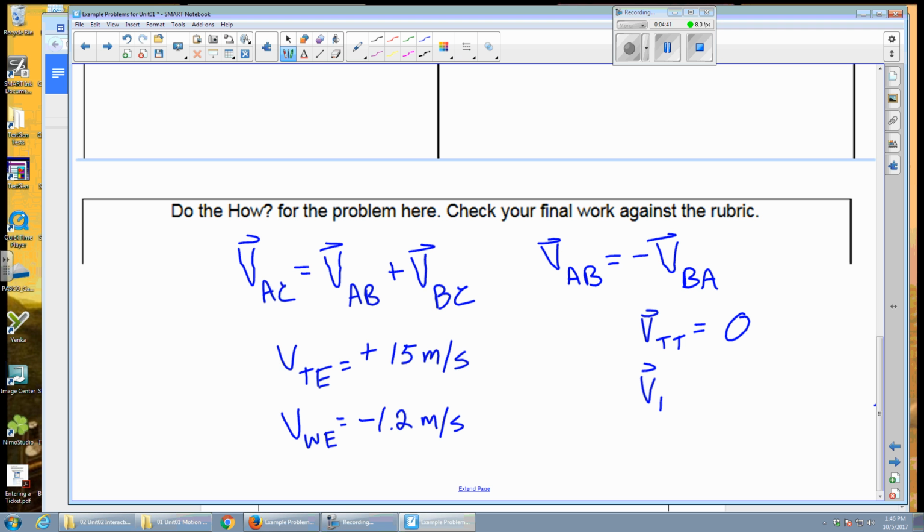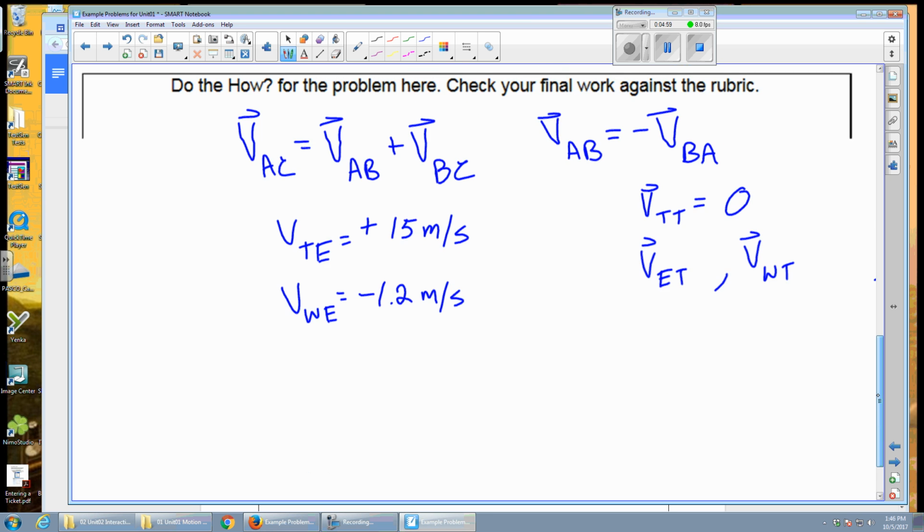Then the velocity of the earth with respect to the train, and the velocity of the worker with respect to the train. Just taking the problem and putting it in the language of math.